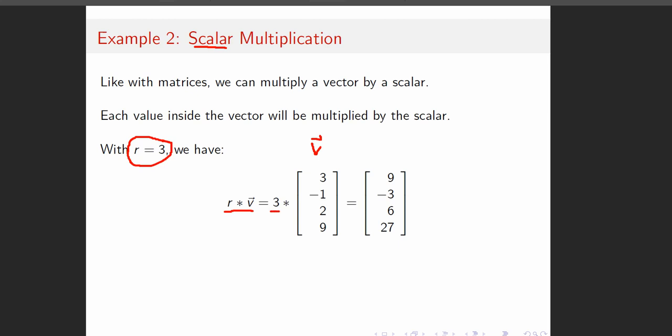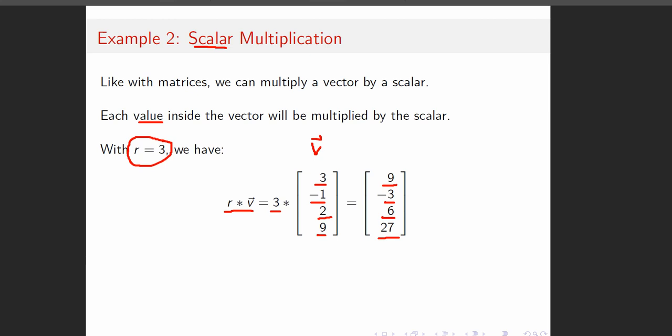And if we're going to multiply it by 3, what do we do? We multiply the 3 by each value. So 3 times 3 gives me the 9, 3 times -1 gives me the -3, 3 times 2 is 6, and 3 times 9 is 27. All right, so 9, -3, 6, and 27 is the right answer.